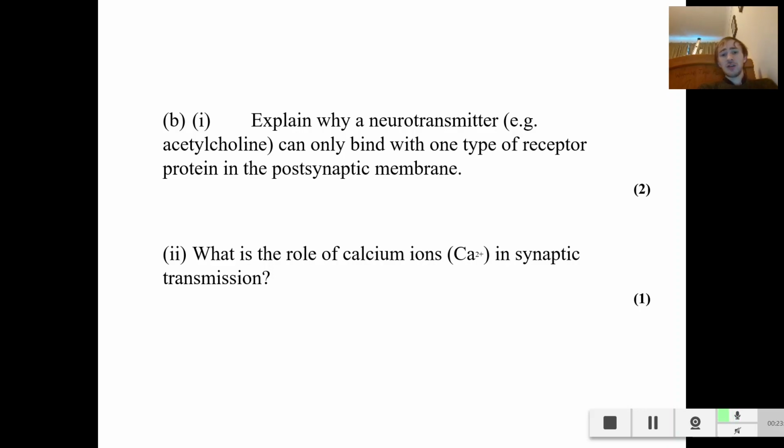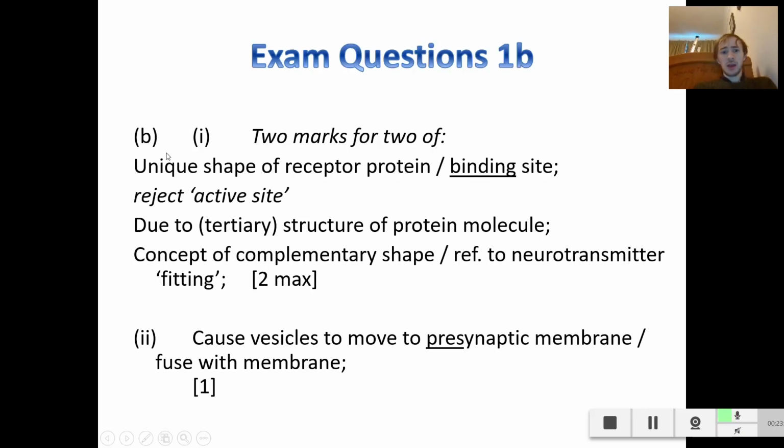So, explain why a neurotransmitter can only bind with one type of receptor protein in the postsynaptic membrane. Well, this is just talking about your old structure and shape. Unique shape of receptor protein or binding sites. Active site they're going to reject, i.e. they're not going to give you that mark at all. Even if you've mentioned active binding site, let's say, you will lose that mark because active site is only for enzymes. Due to the tertiary structure of the protein molecule is another mark.